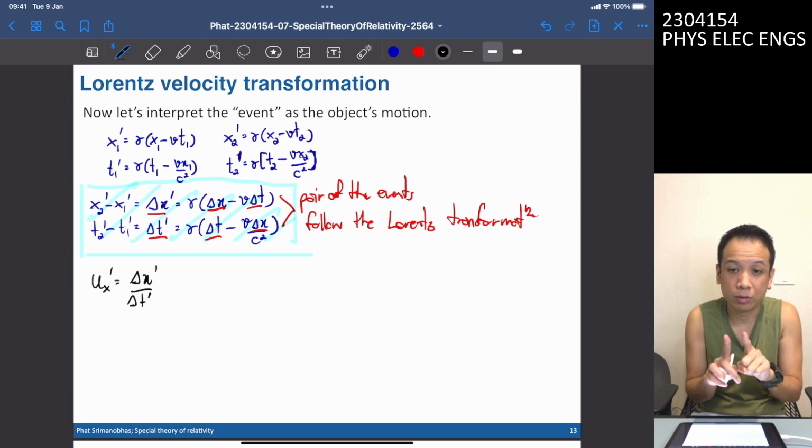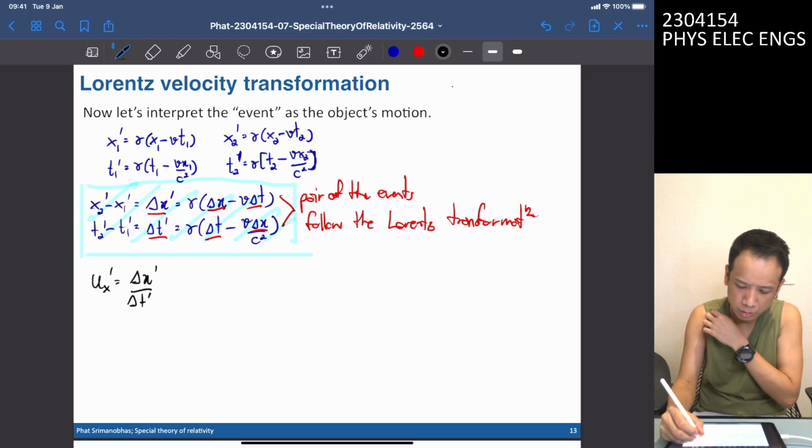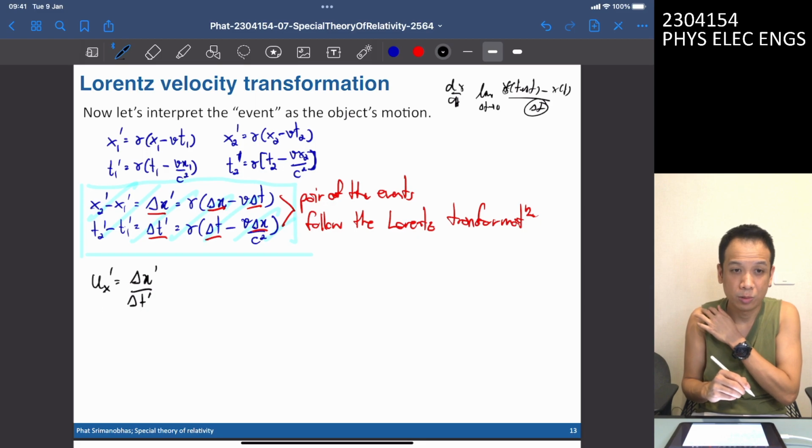It's a derivative. dx by dt is the limit as delta t goes to 0 of x at t plus delta t minus x at t, divided by delta t, and you approach this to 0.